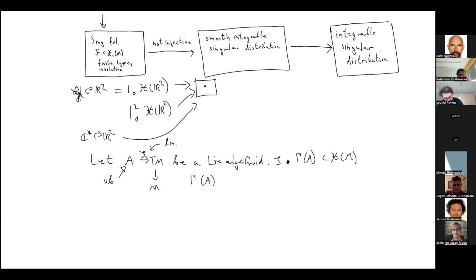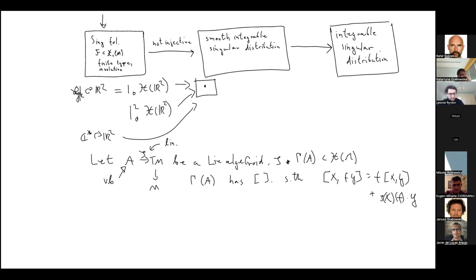So gamma A has a bracket such that [x, fy] is the same thing as f[x, y] plus rho of x applied to f, times y.